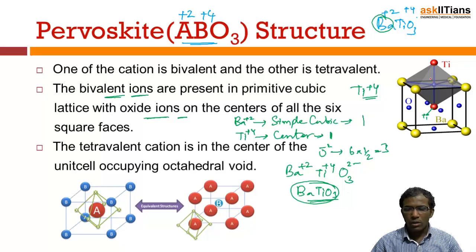And one more thing, the oxide ion also has a coordination number of 6. So one titanium above, one below, and there will be 4 barium ions. Okay, so this is about the ABO3 type structure, which is the perovskite structure.